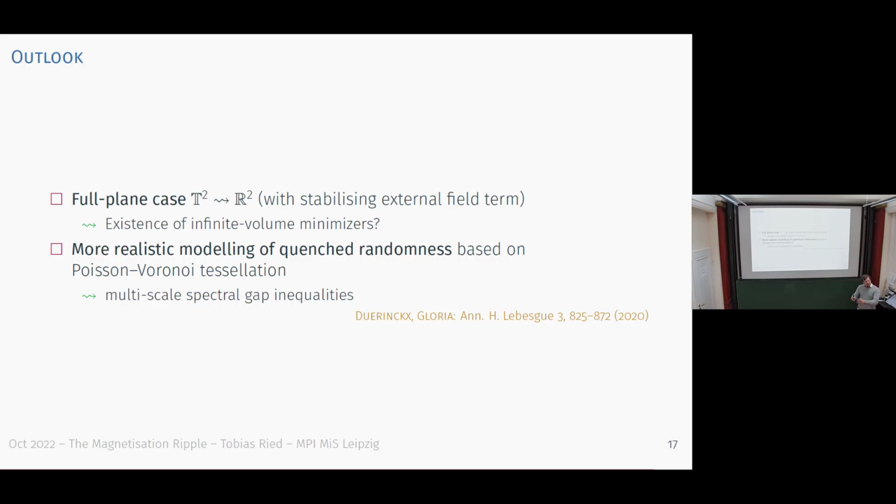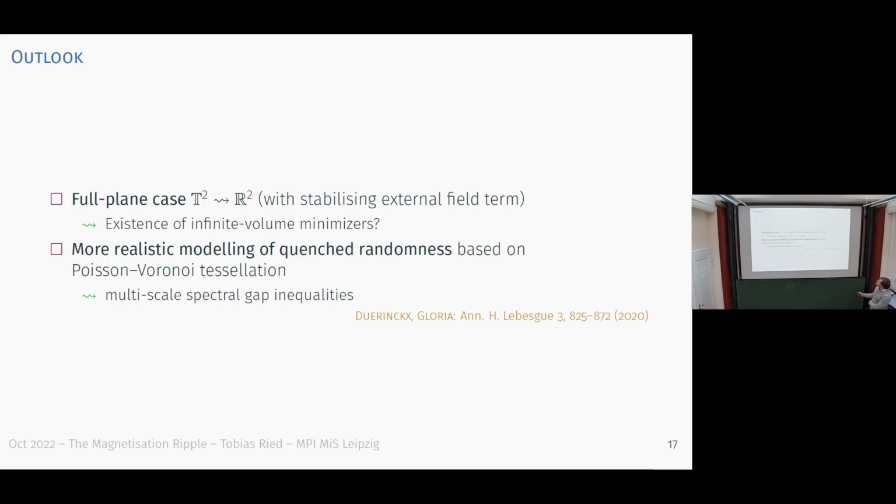So you use the strong decay of correlations that you have in the Poisson-Voronoi tessellation to show that when looking at local variations, you still have a spectral gap inequality, which could get worse when you increase the window that you're looking at, but then the decorrelation of the Poisson-Voronoi helps you bring it down exponentially.